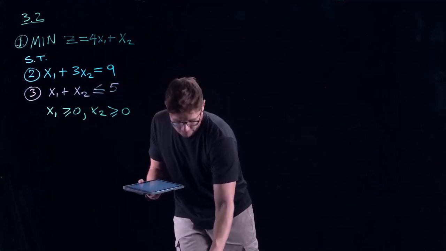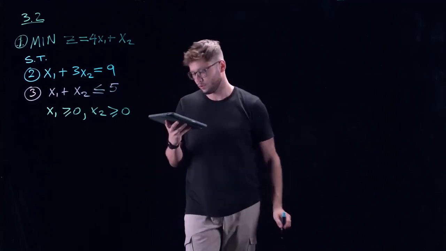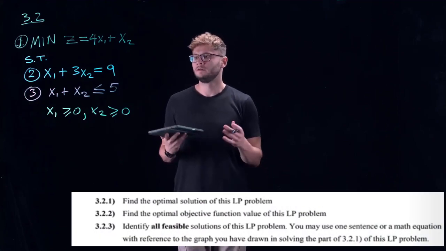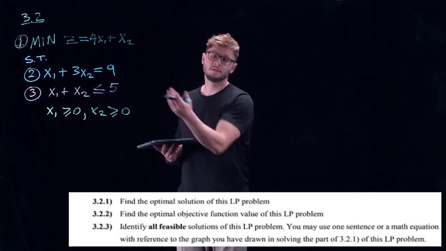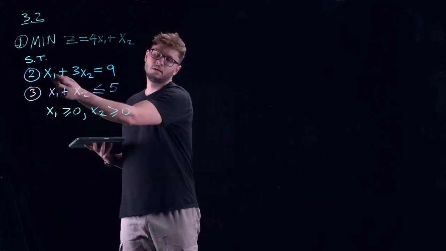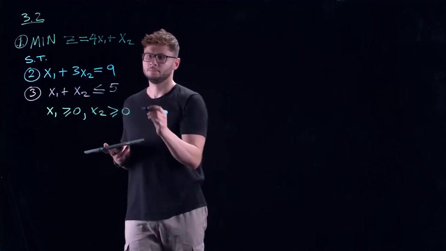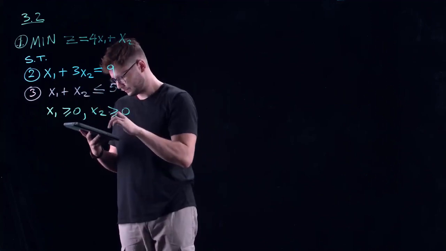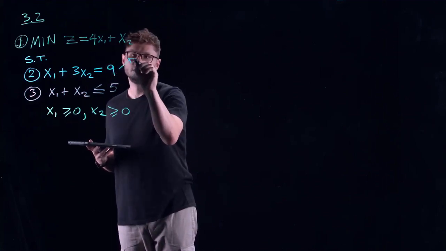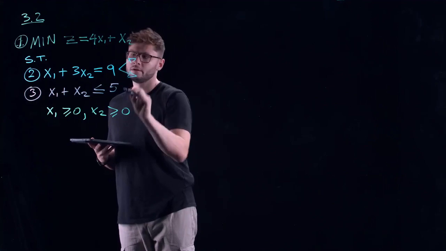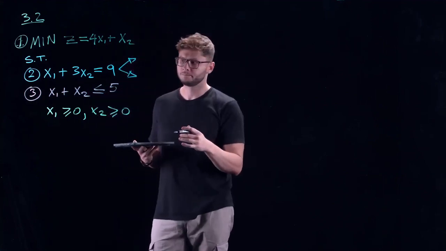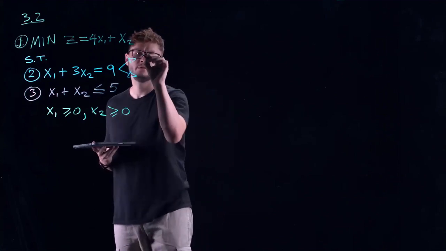So our first step is going to be to find points on the constraint functions and then use those points to graph or graphically represent these constraint functions. So let's do that for the first one, constraint function indexed 2. If we replace the variables x1 and x2 by 0 and solve for the other variable, we can find 2 points.